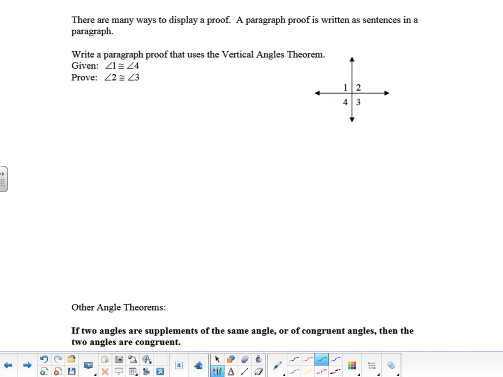I just want to show you that we can do this in more ways than one. Here's how we could say this. We know that angle 1 is congruent to angle 4 because it is given.